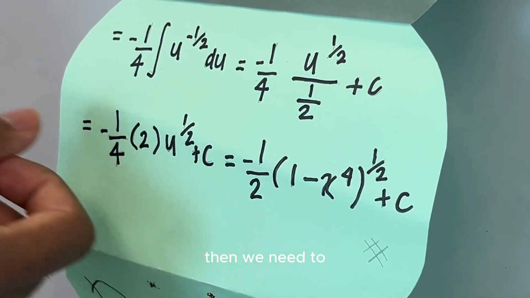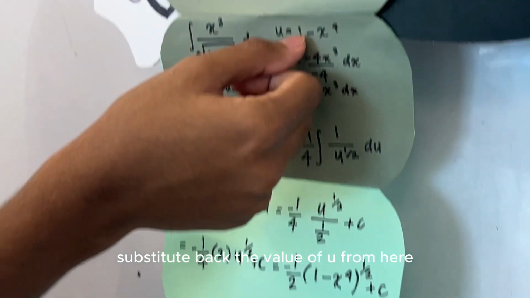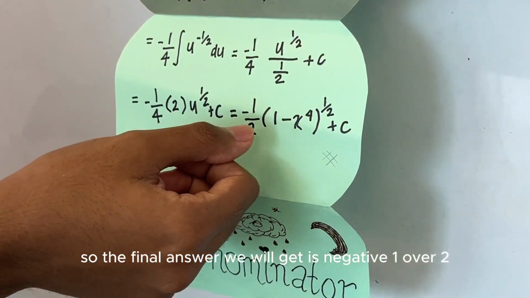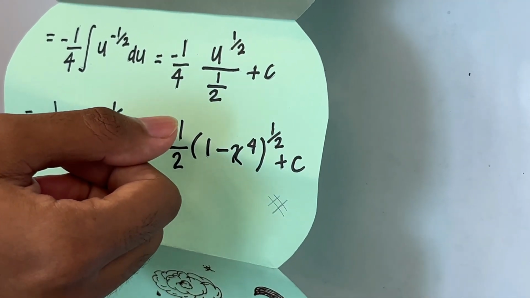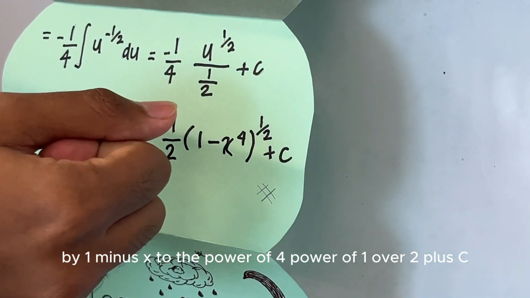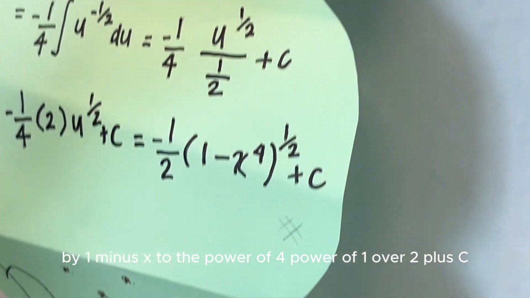Then we need to substitute back the value of u from here into the main equation. So the final answer we will get is negative 1 over 2 times 1 minus x to the power of 4, to the power of 1 over 2, plus c.